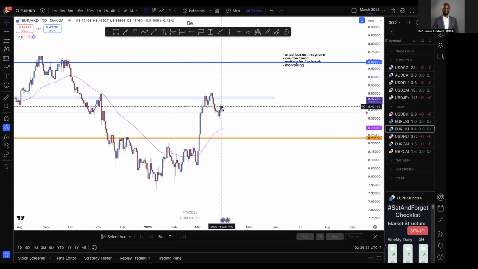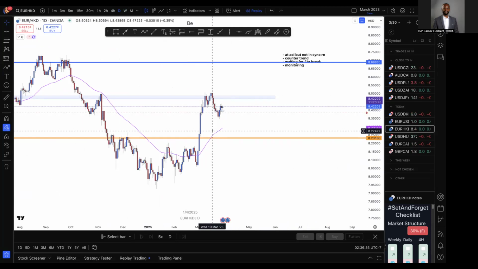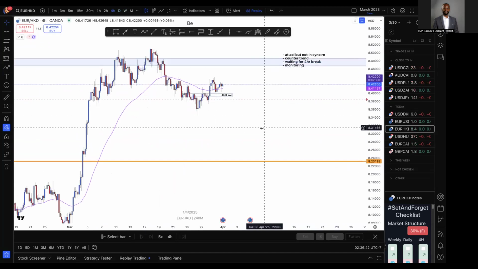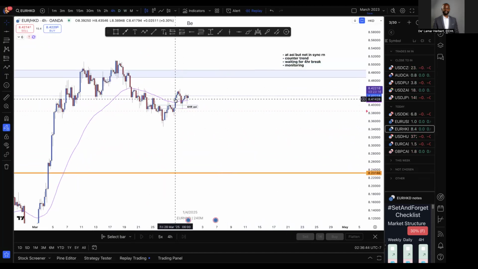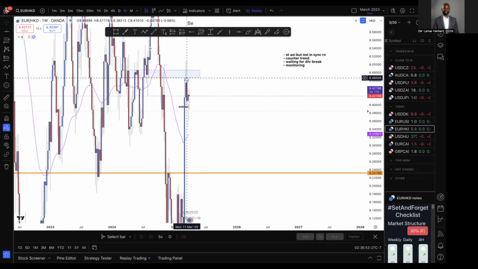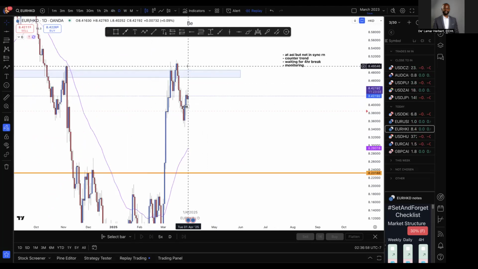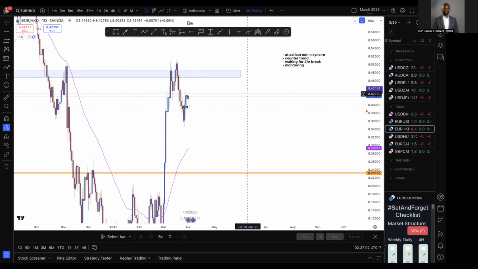So if we're looking for counter trends, we just need to see a 4 hour shift as well, because 4 hour is still bullish. So we have our alert set here. Once we see that shift the structure, then we can look for counter trends. If not, then we'll be looking for buys. But we would need our shift the structure to happen here at this lower high of that daily trend, the daily structure.